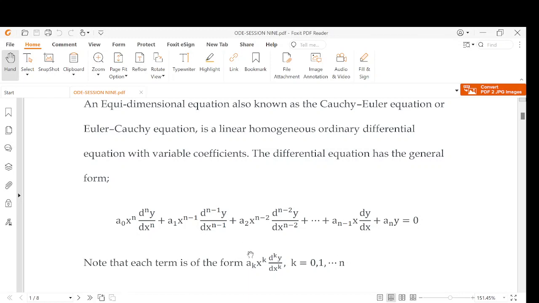Now, ak here, which represents a naught, a1, a2, all the way up to an, are constants.